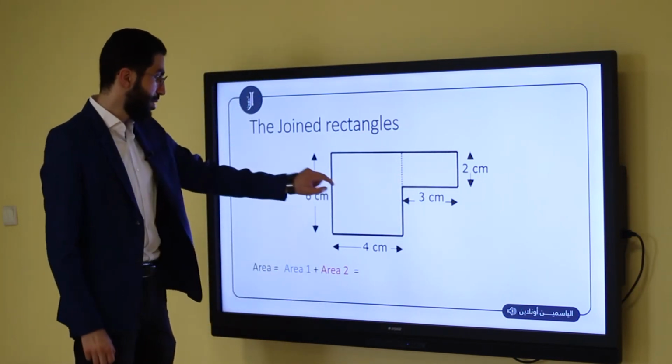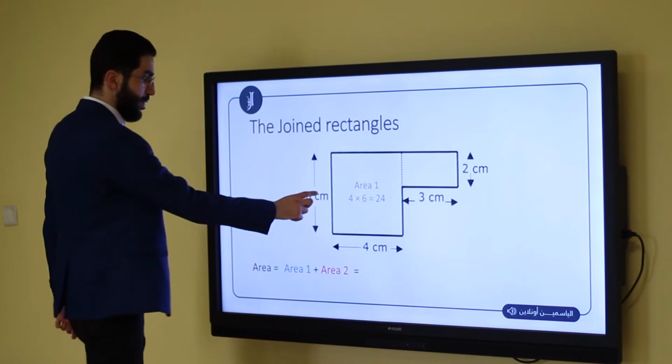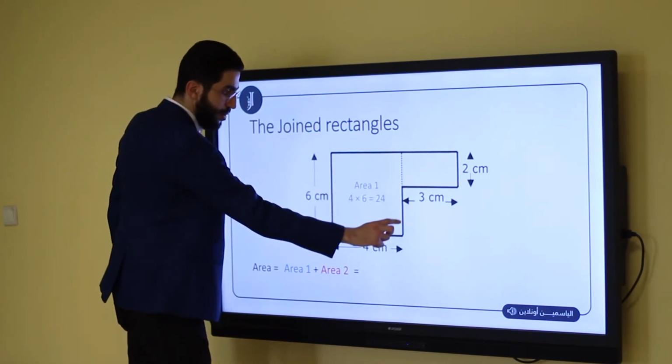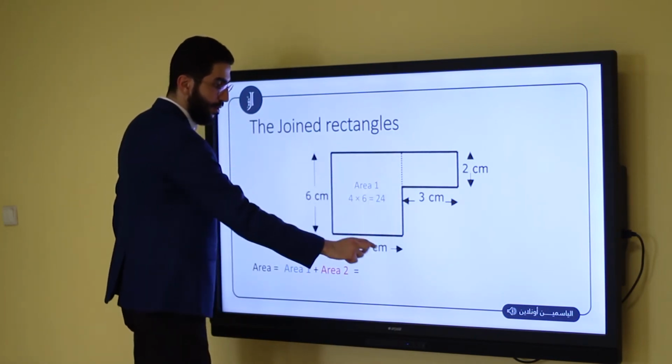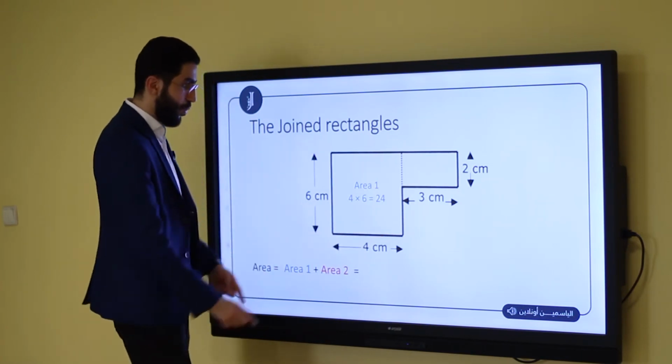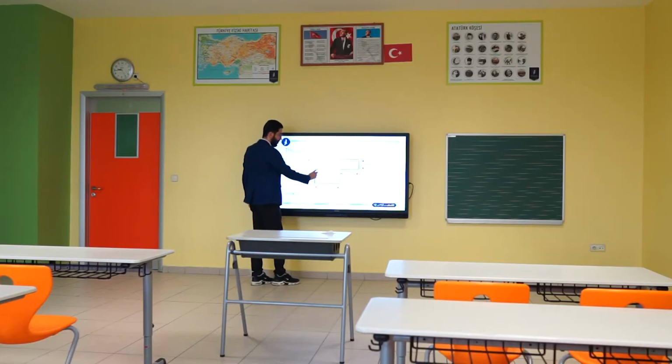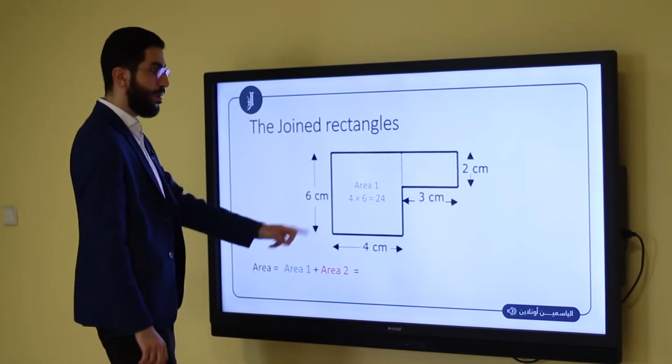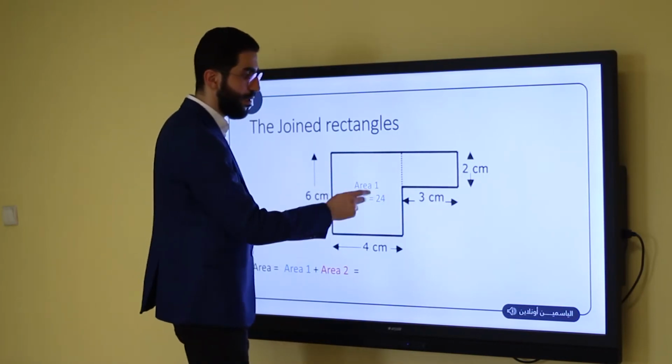So now area 1 here. So area 1, we have this rectangle. Length is 4, width is 6. So 4 times 6 will be 24 centimeters square. So this is area 1. Now we need to find area 2. Again, the same thing.